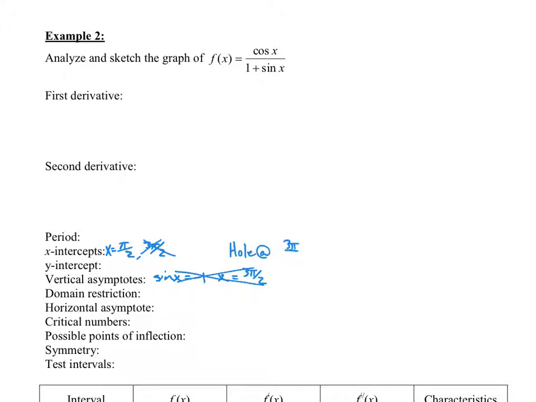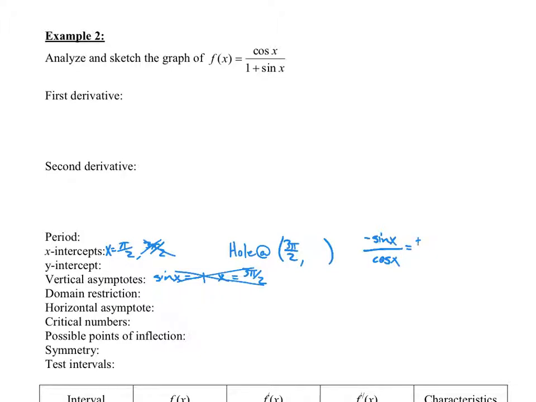Now, does anyone have a good way where we could find the y-coordinate of this? Just plug it in. Well, if I plug it in, I get 0 over 0, right? Oh, derivative of the top over derivative of the bottom. Yeah, L'Hopital's rule. If I plug that into the derivative over the derivative, which would be negative sine x over cosine x, well, negative sine of x is a negative negative 1, right?